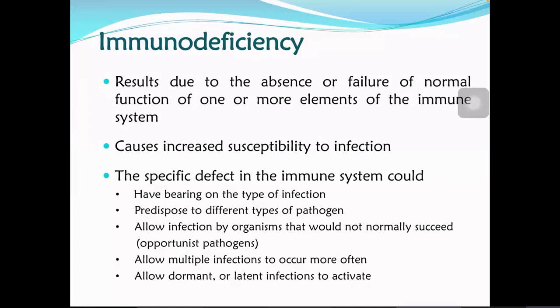And these pathogens, I'm sure you remember, are known as opportunist pathogens. Then what else could happen? It could also lead to multiple infections, which can happen more often. And it may also lead to infections which are lying dormant in the body, or latent infections, to activate.